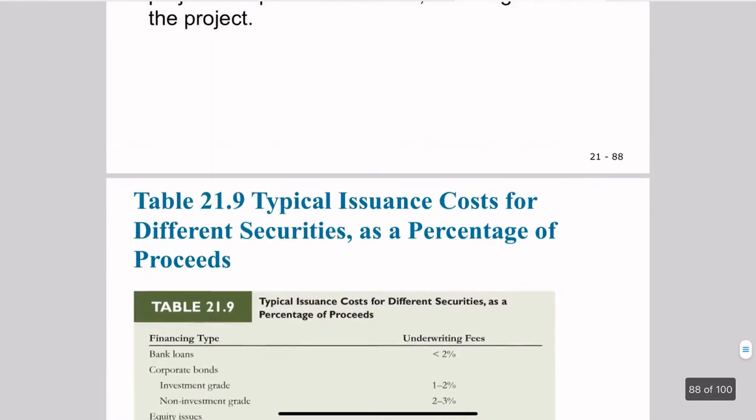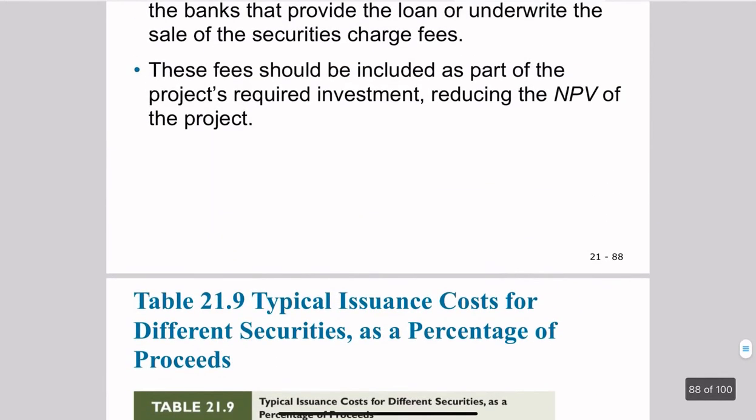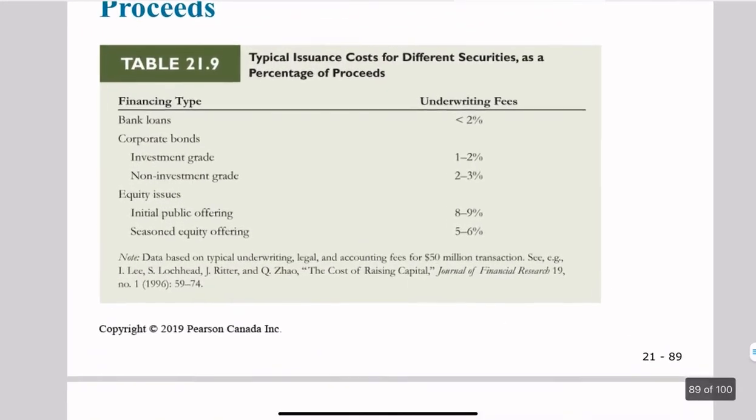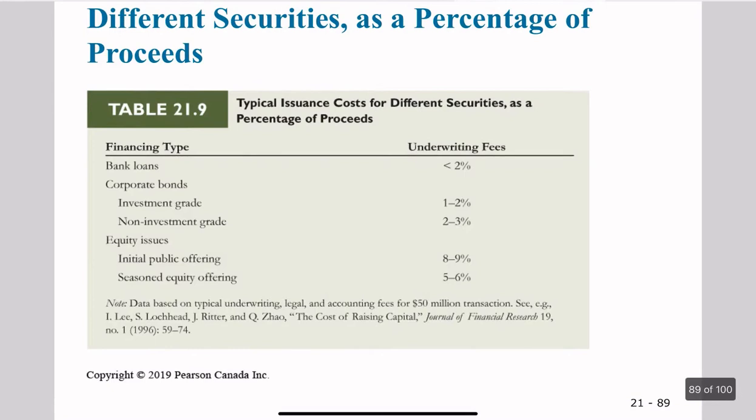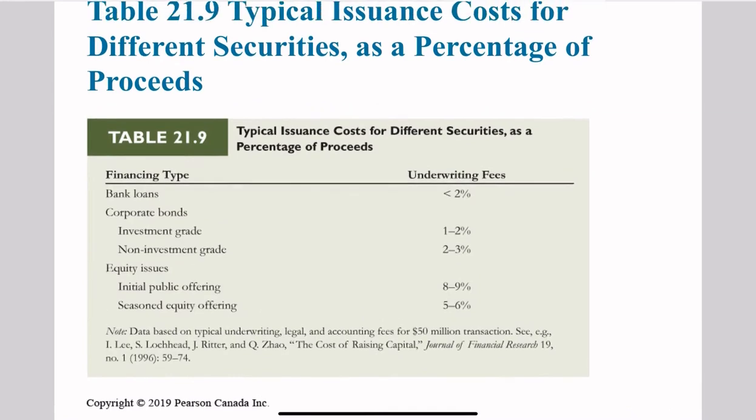So you can see that when you're evaluating your project, more realistically, you want to consider these fees. And when you're doing your calculation, you will want to deduct these fees from your project's NPV calculation. So let's first see some data. This table is about transaction costs for different types of securities.